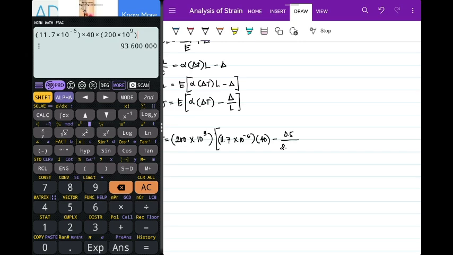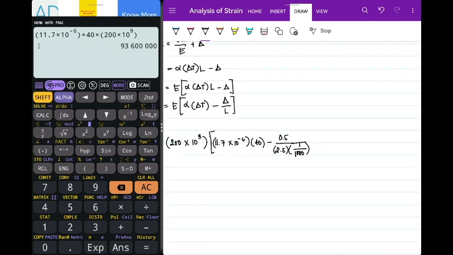I believe this is in meters, so we have to multiply that by 1000. So just to make some corrections, that's times 1000 exactly. Okay, we can now input everything in our calculator.